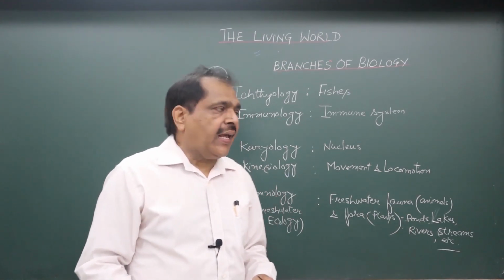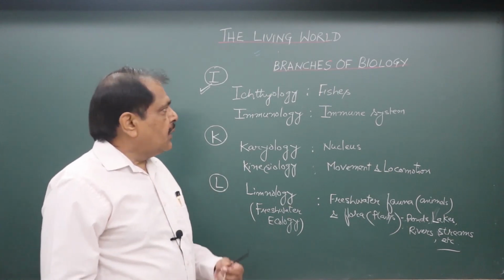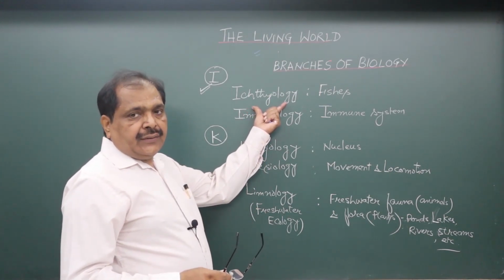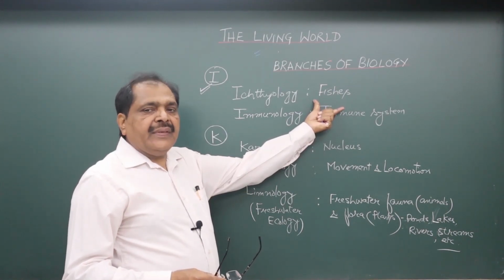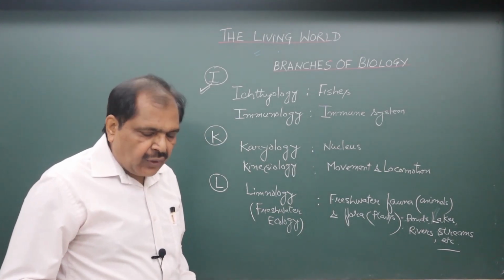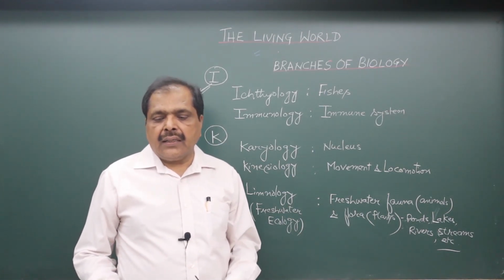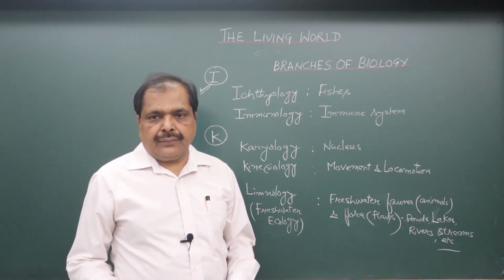Students, now we come to alphabet I. Ichthyology. It is the study of fishes. We'll be studying about fishes in the animal kingdom, and also in the strategies for food production.